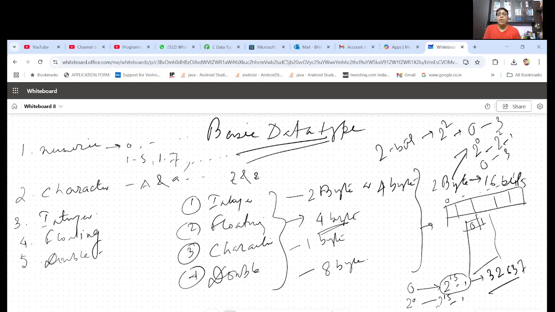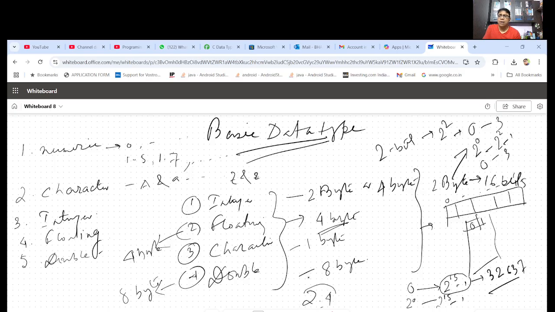The same thing will be explained for the floating point number. Another point is that it is 4 bytes. Why does double take 8 bytes? Suppose you think of any floating point number like 2.4.